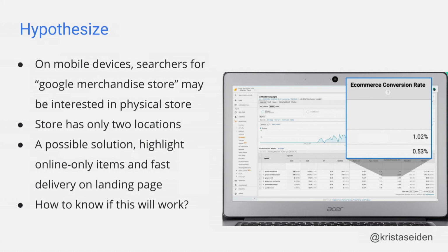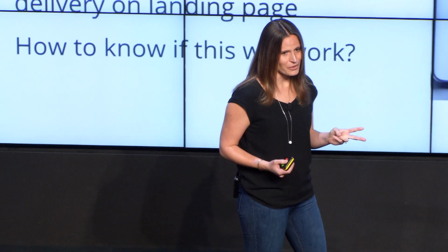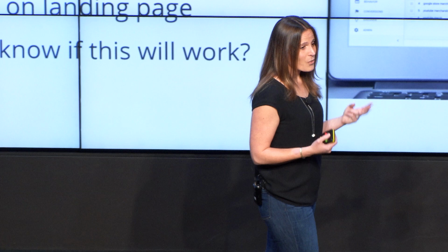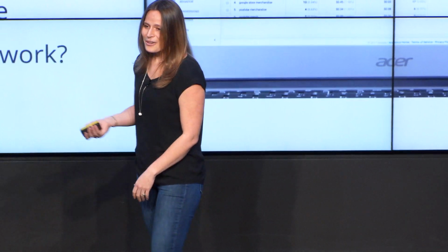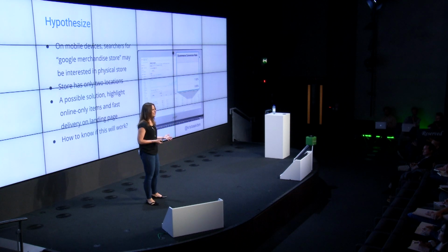Now, I happen to know, and they probably don't know, that we only have 2 physical stores in the world for Google Merchandise gear. One of them happens to be right upstairs, out the back door and hang left, right here in this building. The other is at our California headquarters in Mountain View. So if you're outside of either of those areas, Google Merchandise Store is probably not leading you to a physical store.